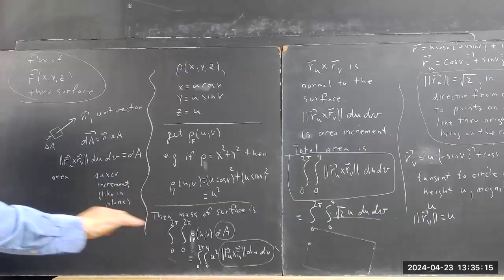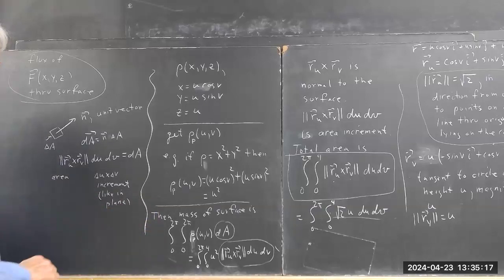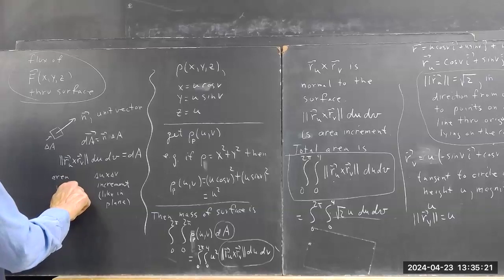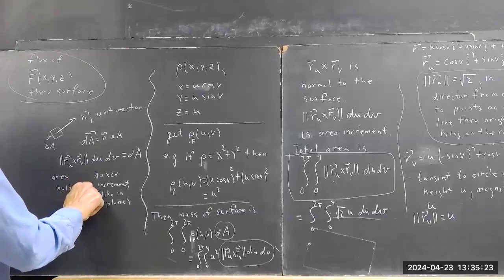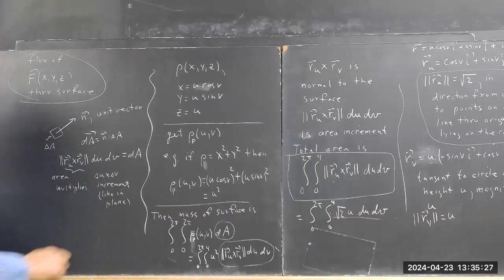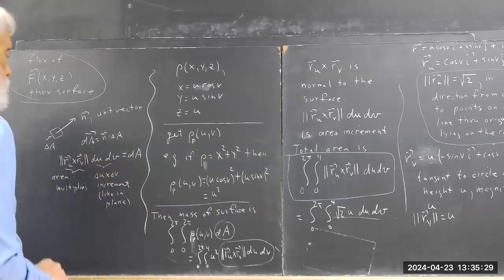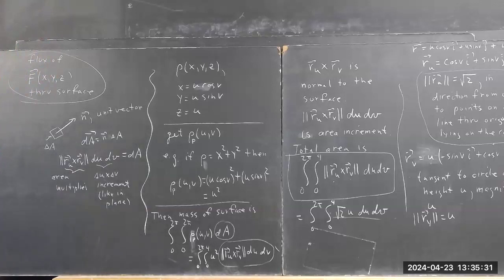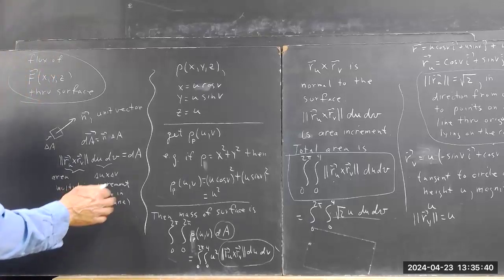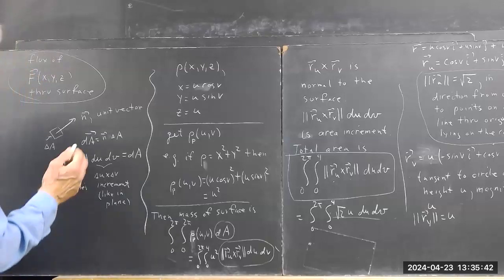It's like delta X by delta Y increment in the plane. This is your area multiplier. That makes some kind of pseudo sense. Well, depending on how we've digested some things, hopefully it does. Okay.